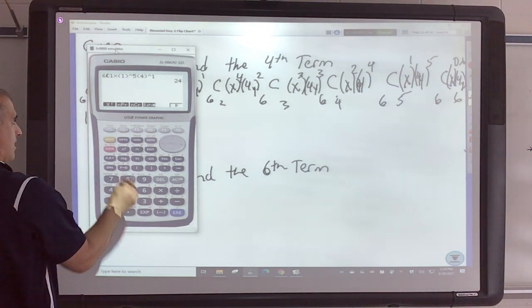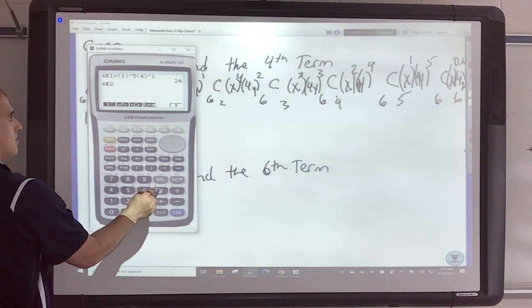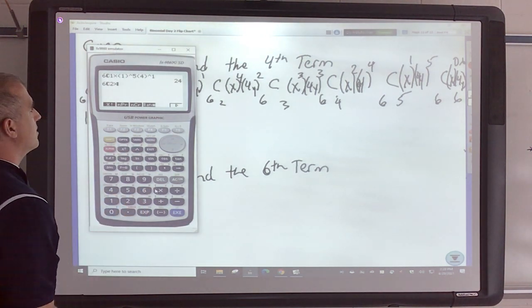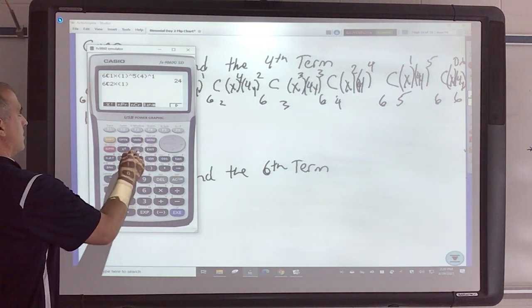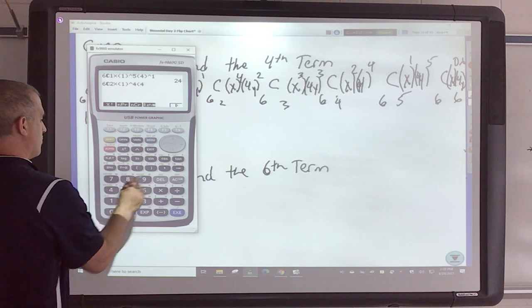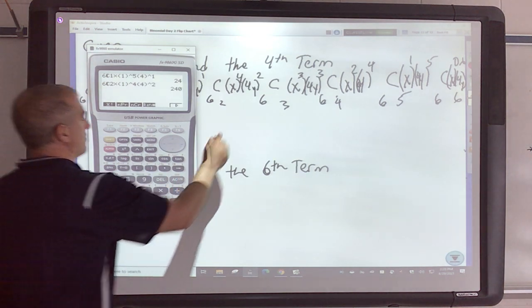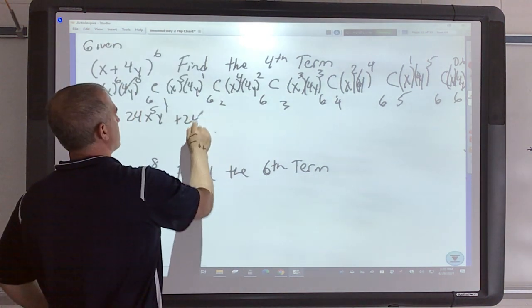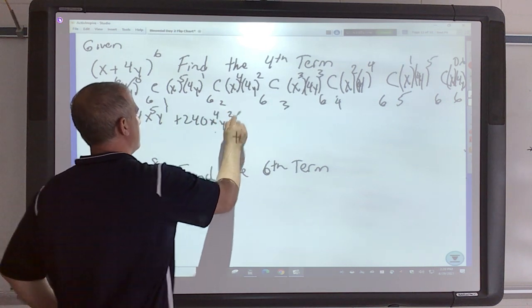This would be 6 choose 2 times 1 to the 4th, 4 squared, 240 x4 y2.